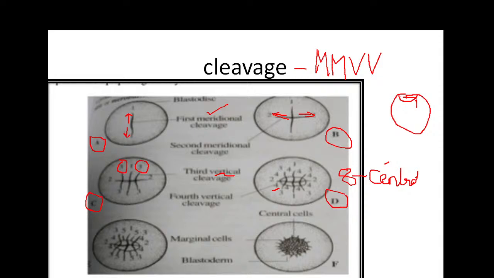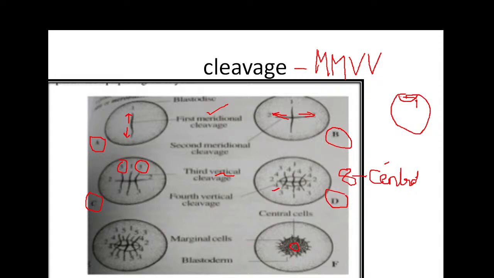Then the marginal syncytial means a layer of cells. Syncytial periblast brings the yolk and the growing mass of cells in the blastoderm to the nutritive contact. These marginal cells, you can see here, this is the central cells in the middle.